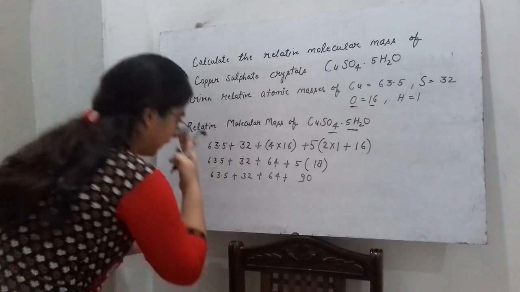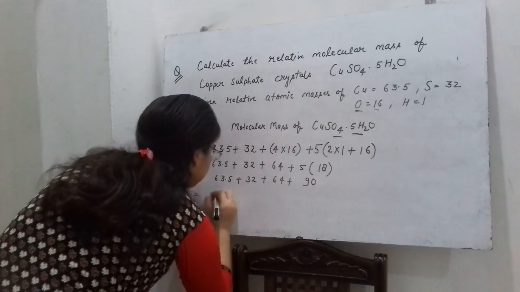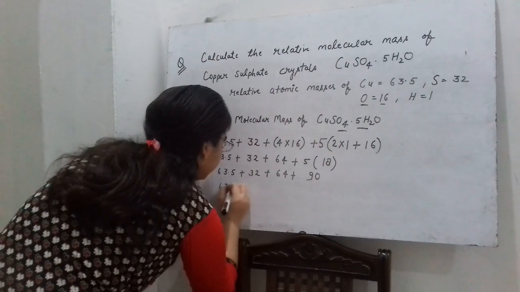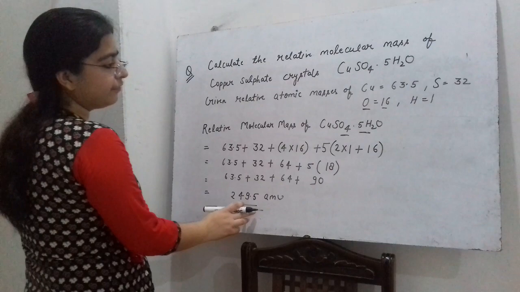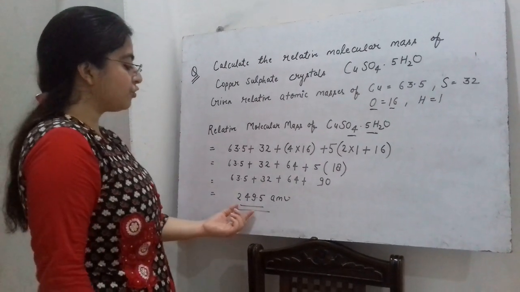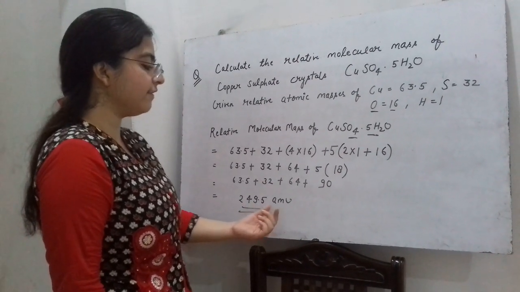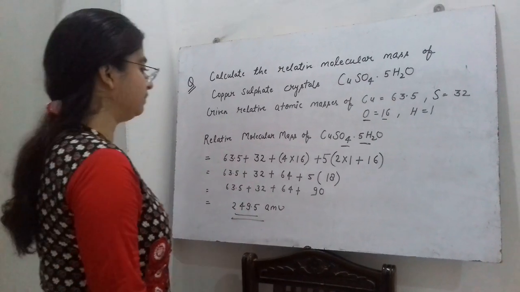Now we will add it and we will get 249.5. So finally, the relative molecular mass of copper sulfate crystal is 249.5 amu.